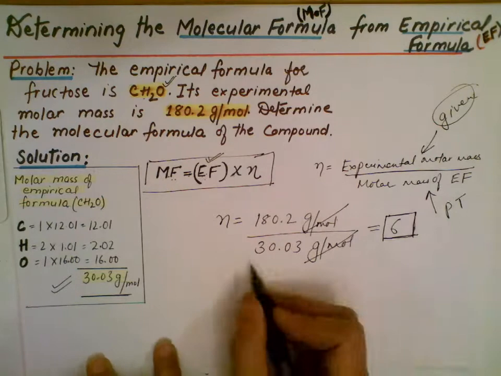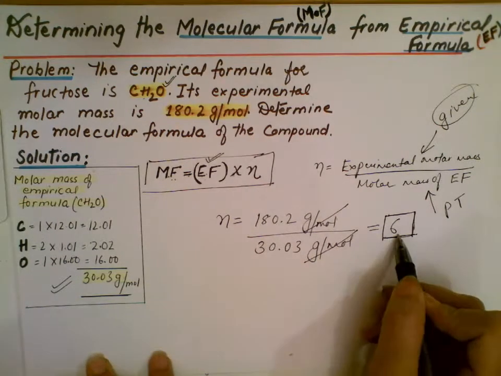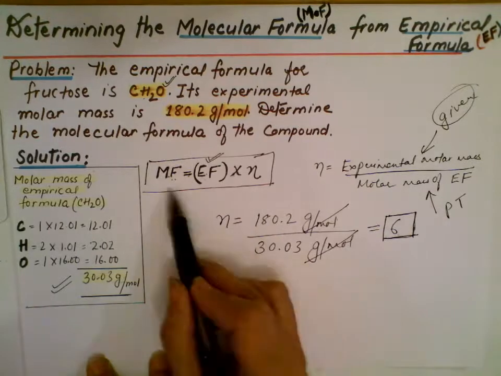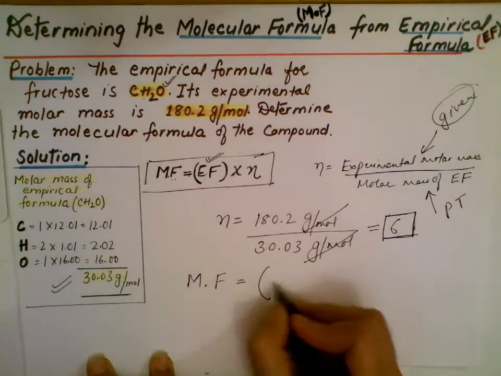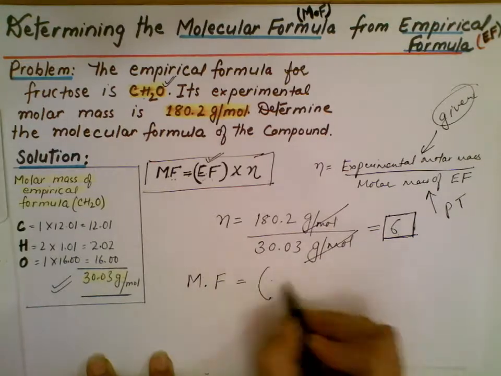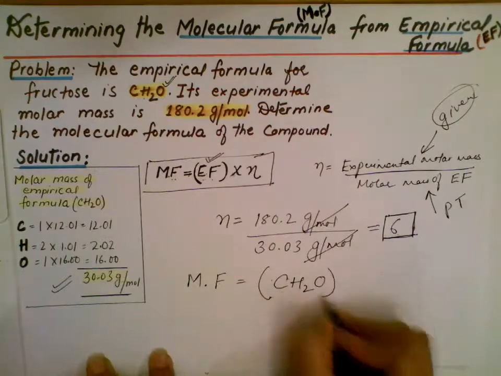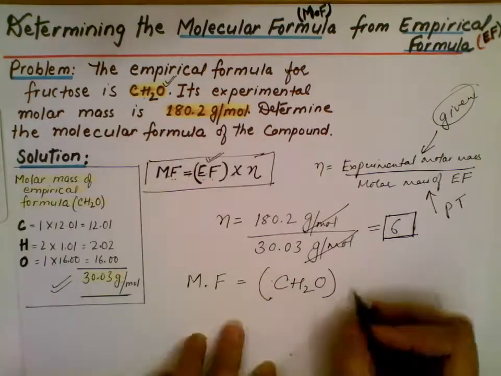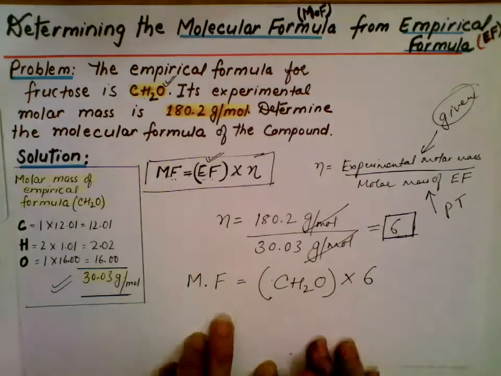Next, you substitute this value of n, which is 6, in the original formula. So the molecular formula equals the empirical formula, which is CH2O, times n, which is 6.